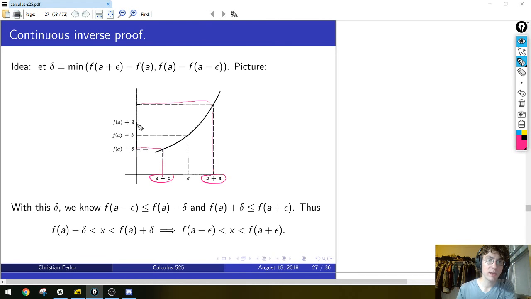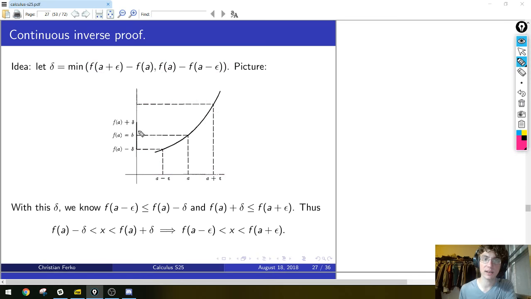Now, we want to make sure that we restrict our inputs to the inverse, which are these things on the horizontal axis, so that we always land within this range. So one idea for doing that is just take the minimum of these two distances in these bars.